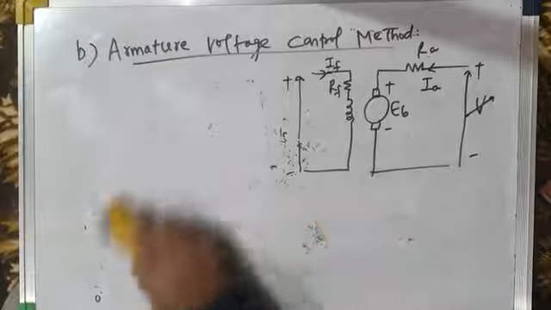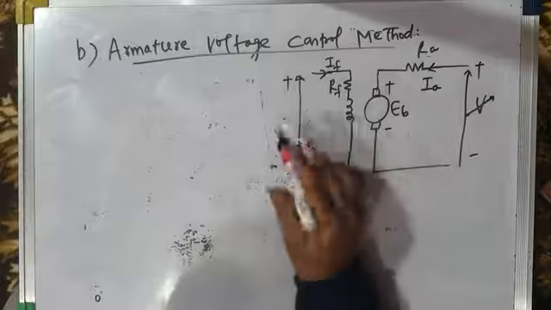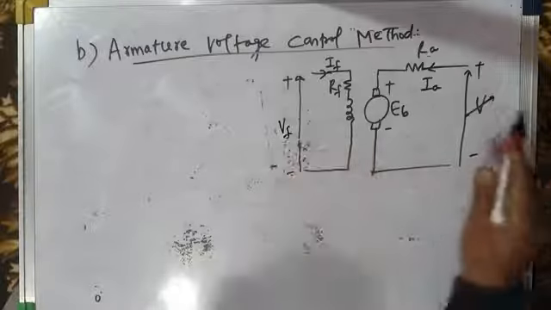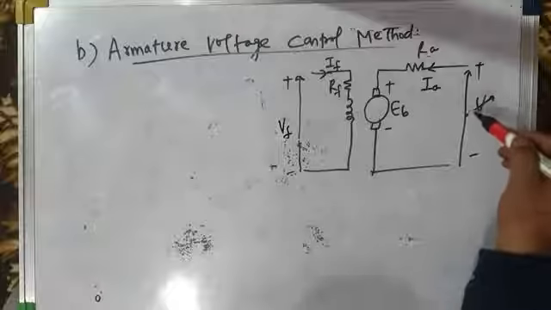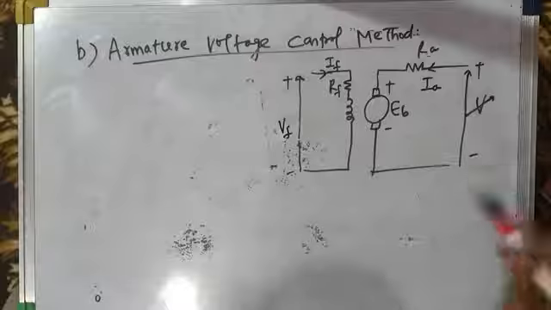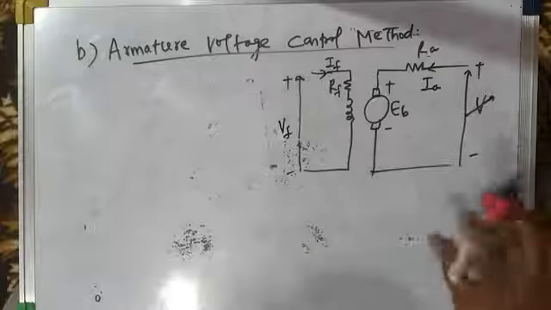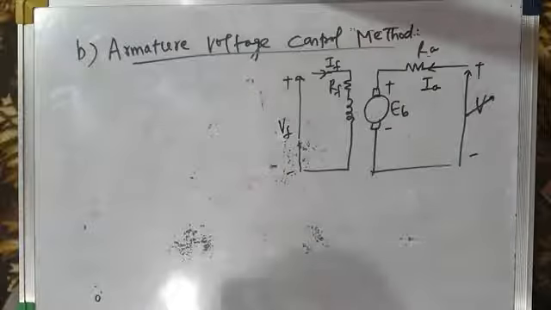Now the question is how to change this applied voltage. In olden days, before the advent of power electronics technology, it was very difficult to vary the DC voltage because we don't have DC transformers. In AC it's very easy to change the voltage with the use of a transformer. We don't have transformers in DC, so it was very difficult. You must have studied about the Ward-Leonard method of speed control.